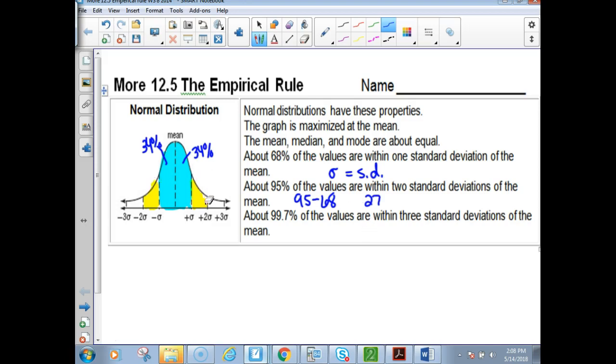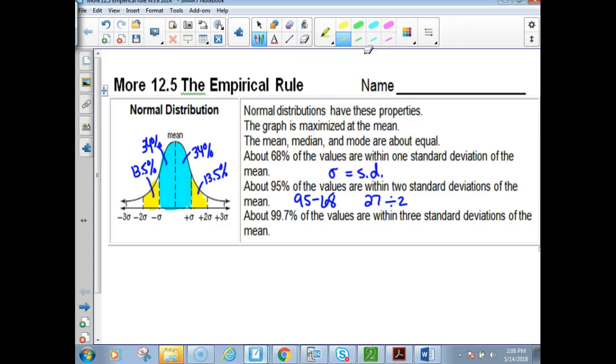Now that's shared between the 2 yellow pieces. So 27 divided by 2 would give me 13.5% here, 13.5% in this section. Which means 2 standard deviations to the right of the mean would be 47.5% of the data, and 2 standard deviations to the left of the mean would be 47.5% of the data.